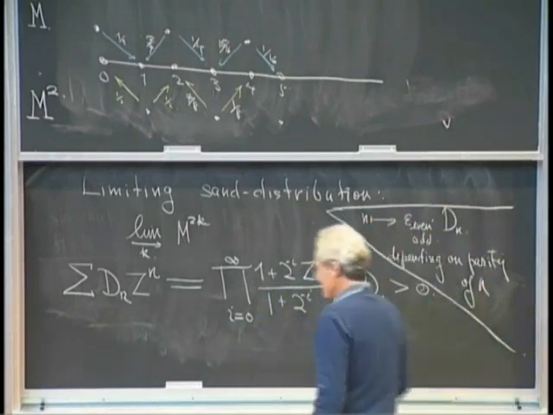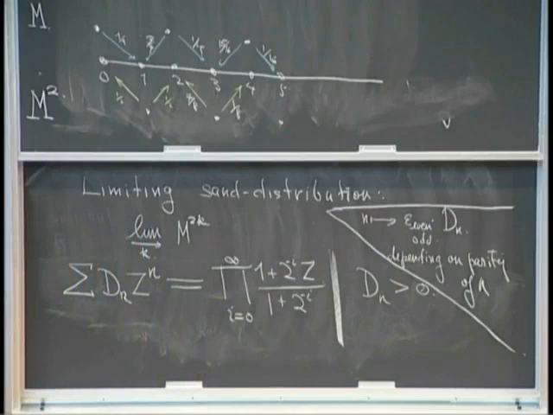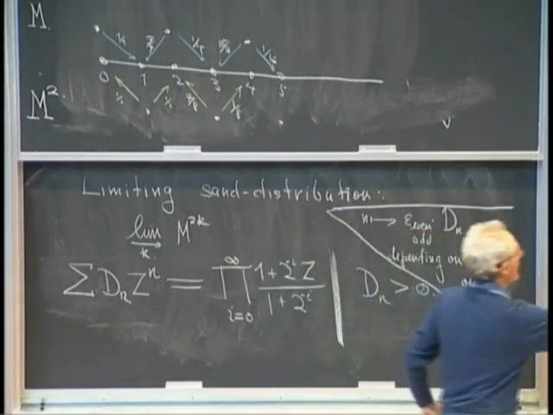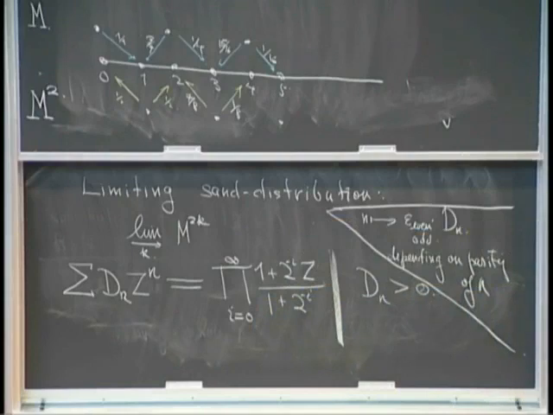Okay? Now, this is a beautiful structure here. I mean, the minute you see this infinite product, you can't resist playing an enormous number of games with it. So let me play a few while we have it on the board. The first thing is, it's obvious that the sum of the d_n's for all n is 1, because you substitute z equals 1 here, and you've got 1.